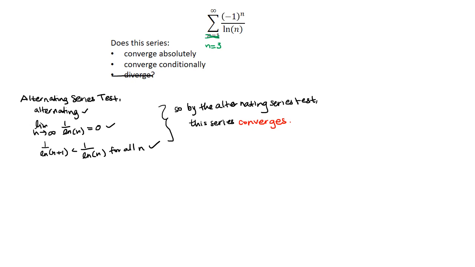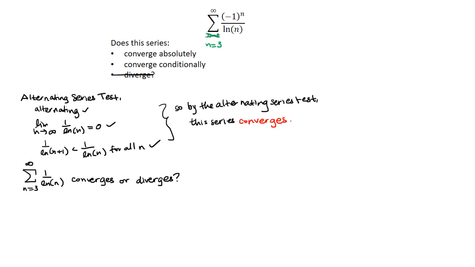To work out whether it converges absolutely or conditionally, we need to know whether or not the series, the sum of terms from n equals 3 to infinity of 1 over log of n, converges or diverges. Let's try the limit comparison test with this.